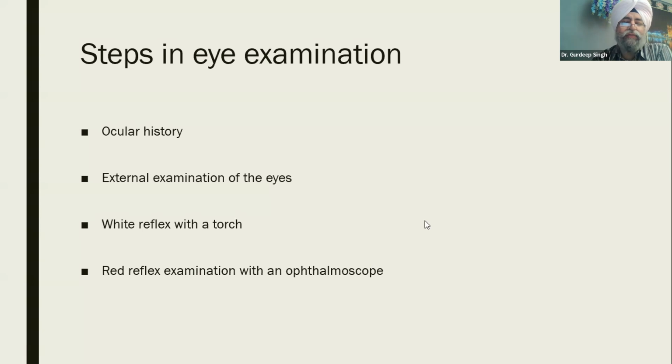Recently, screening has been done with more advanced instruments like red cams, which can help in the early detection of the posterior segment more than the anterior segment examination of the child.